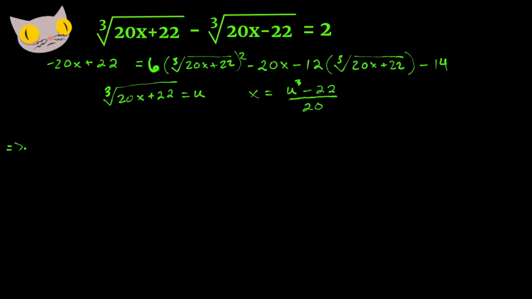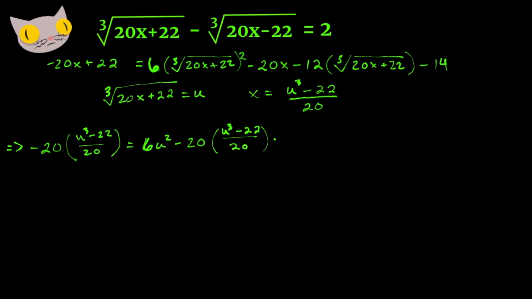So now we should get minus 20x, which is u cubed minus 22 over 20, is equal to 6 times u squared minus 20x minus 12u minus 14.